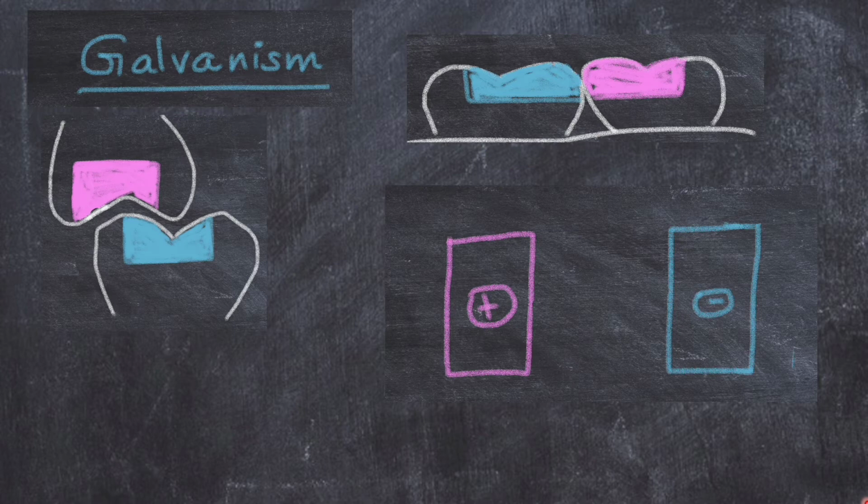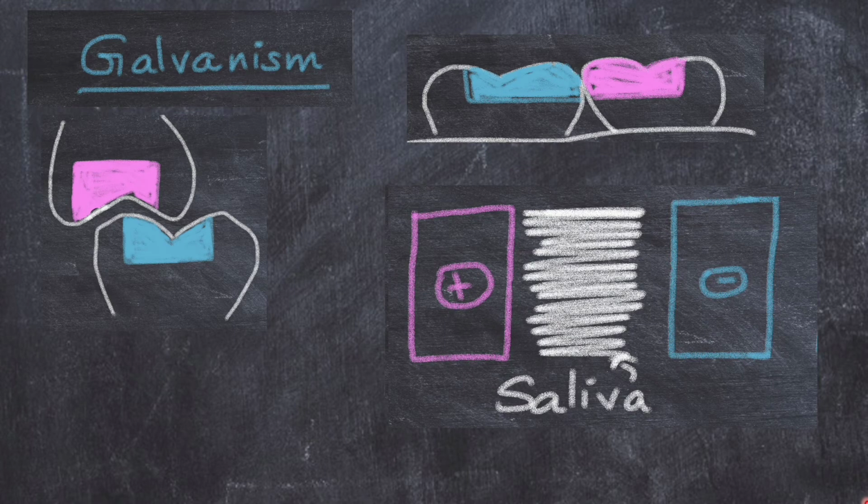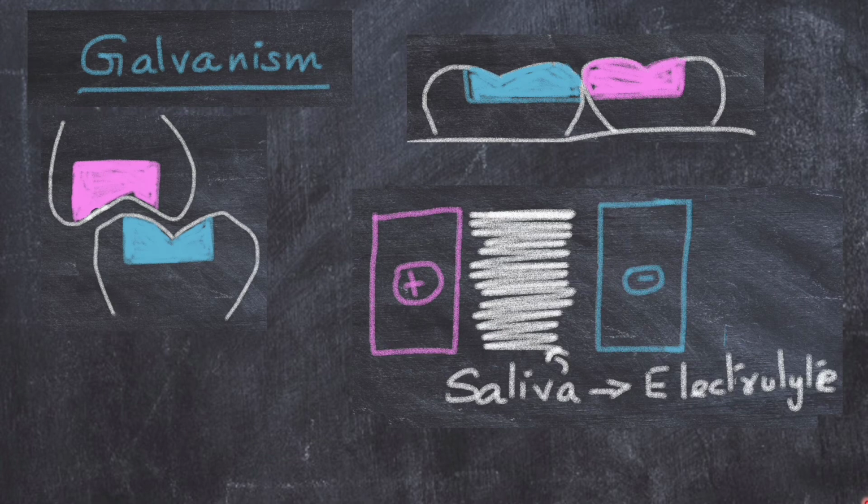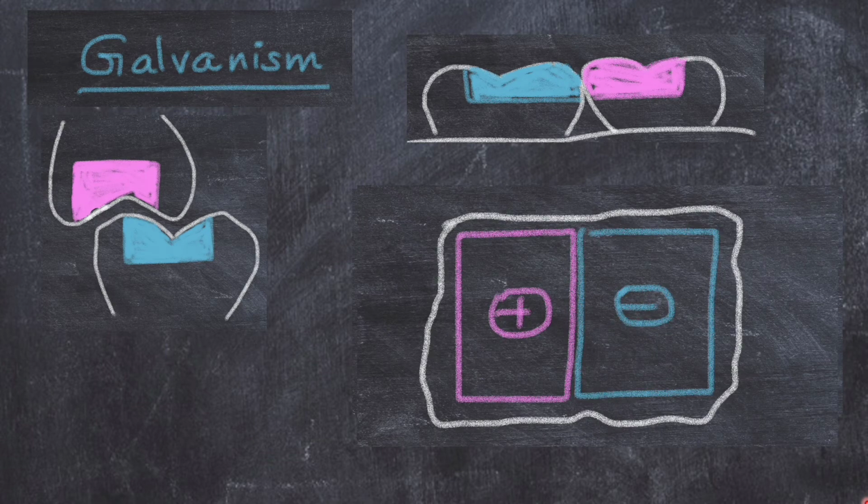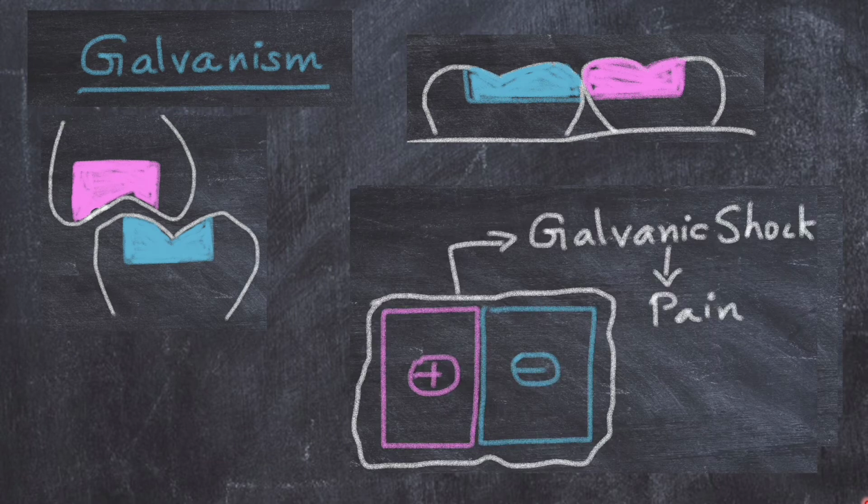The saliva in between is going to act as the electrolyte. Thereby, when these two teeth come in contact, there is production of an electric current producing a galvanic shock resulting in pain. This is what is called galvanism.